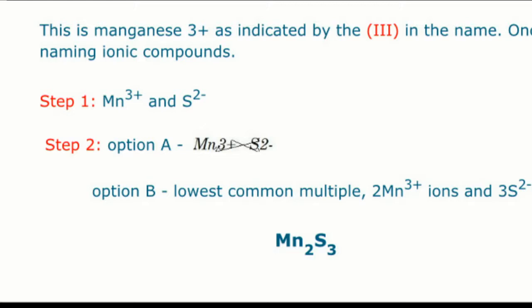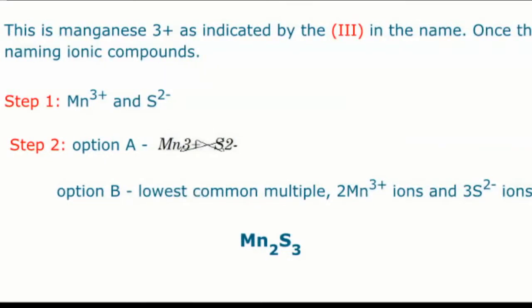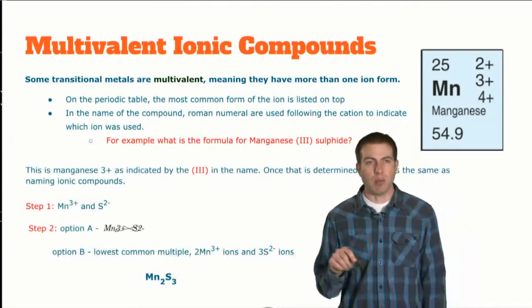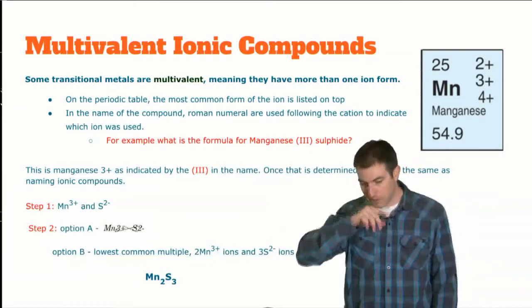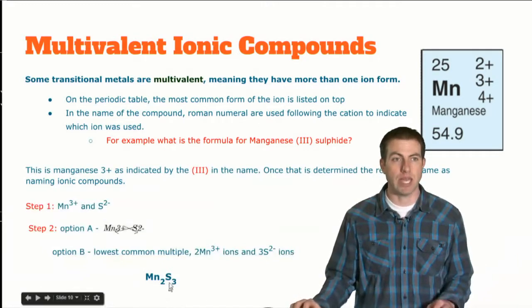Now, Abby asked a really important question, and when we give you the name for the element, we will always tell you which charge we want you to use. You're going to run into problems when we're doing the backwards. So if I give you the compound, if you imagine everything on the slide was blank except this Mn2S3, and I asked you to name this thing, what's that called?